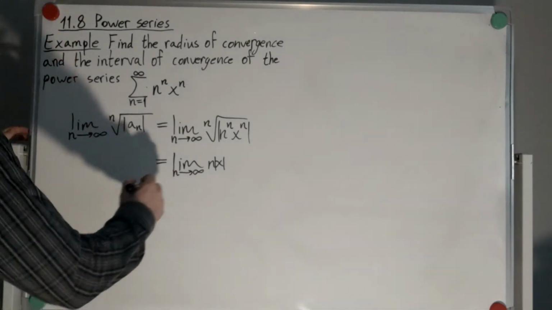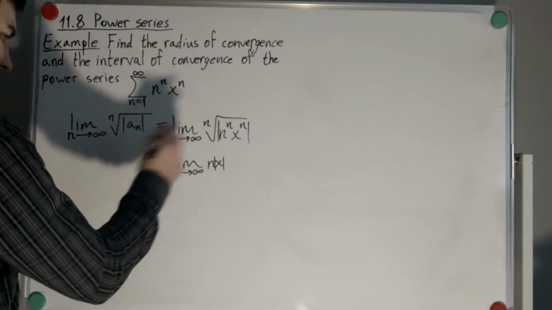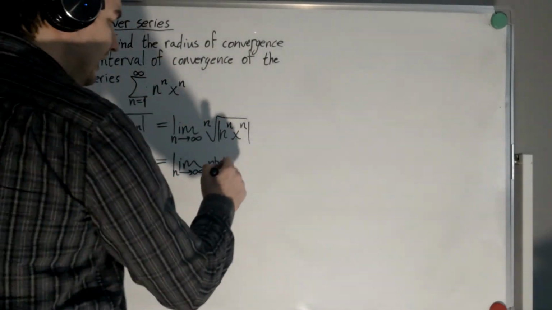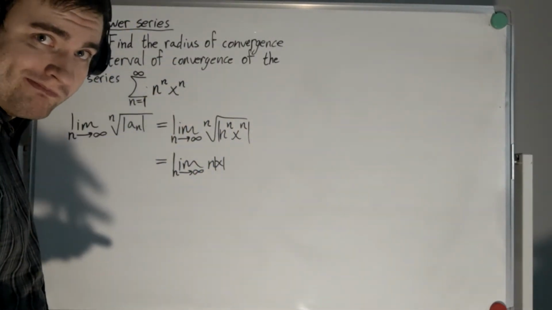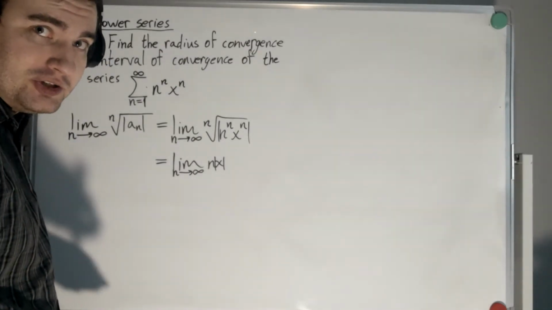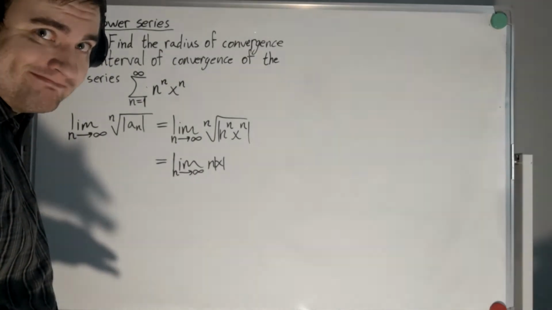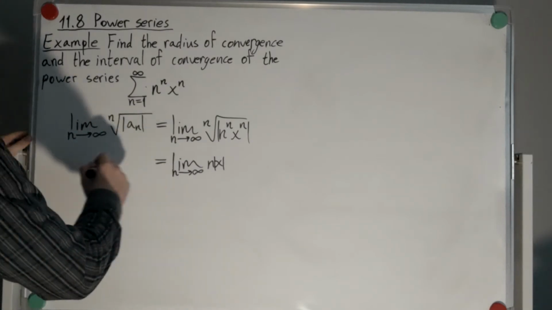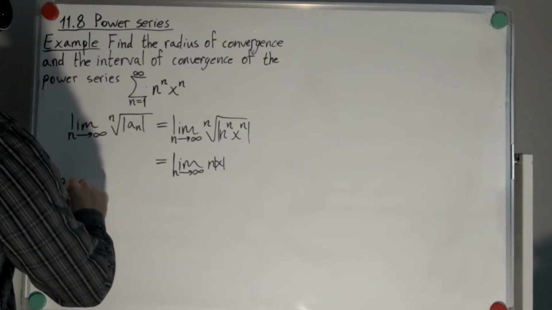So this is less than 1 if and only if x is 0, which means that we get convergence at exactly 1 point.